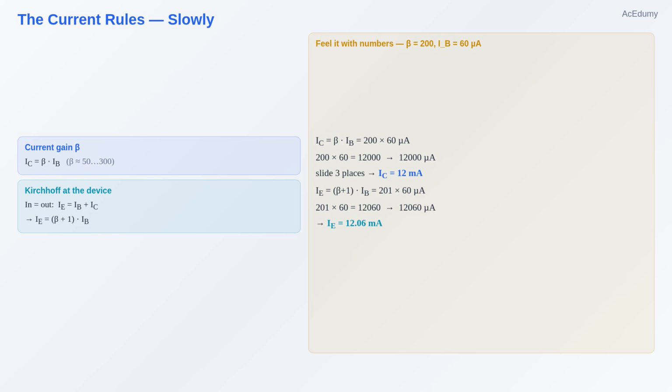The emitter current, 201 times 60 is 12,060 microamps, which is 12.06 milliamps. Now compare them, 12 and 12.06, almost identical. And that gives us a rule we will use constantly. I sub C is approximately equal to I sub E. The base current is so tiny that it barely shows up in the sum.